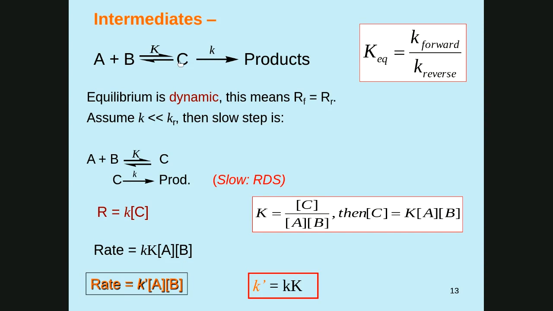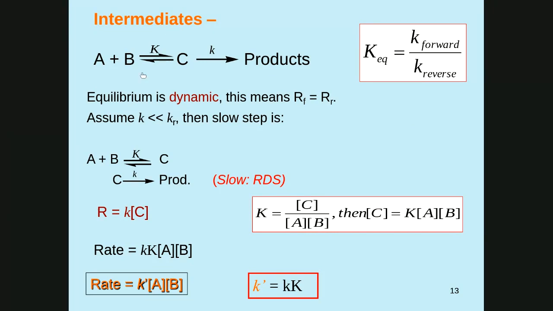And if this happens much faster than the forward reaction of C, then A, B, and C momentarily reach a state of thermodynamic equilibrium, which we studied in the other part of the course, which is described in terms of an equilibrium constant.